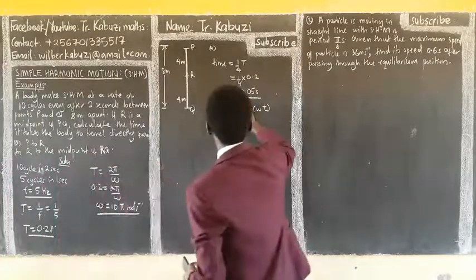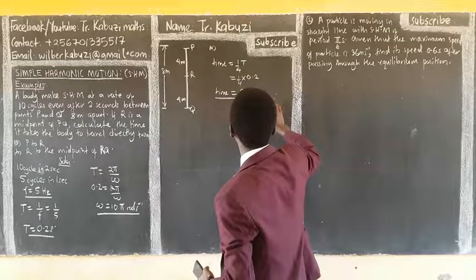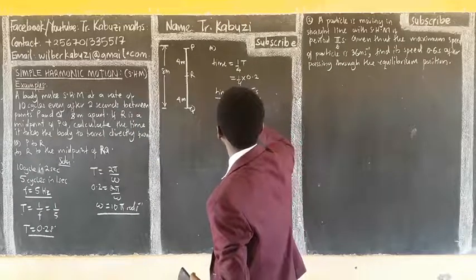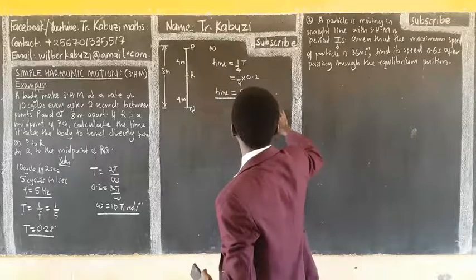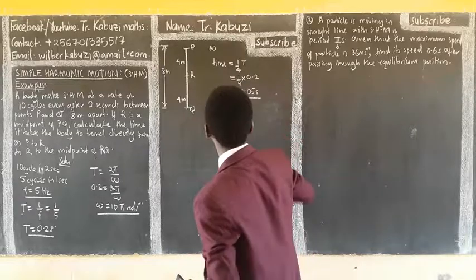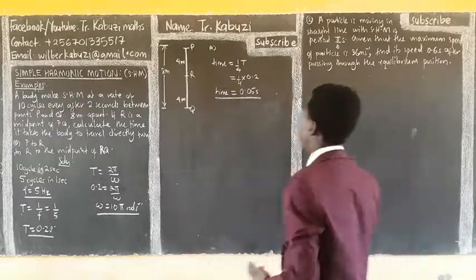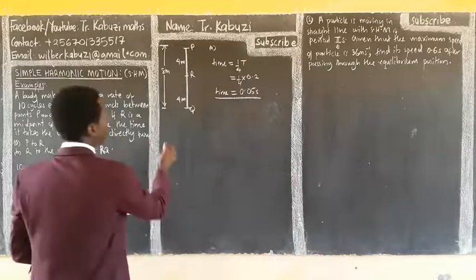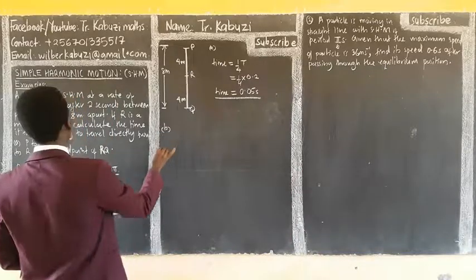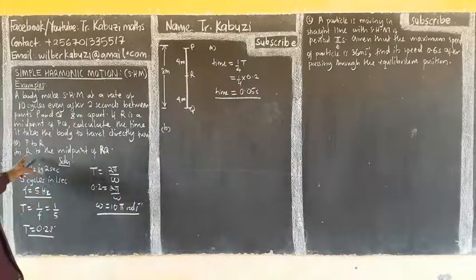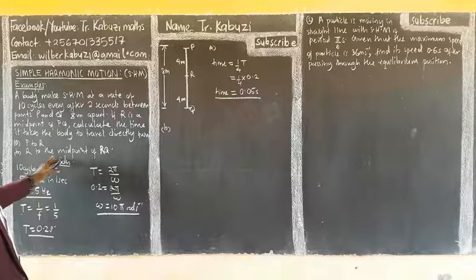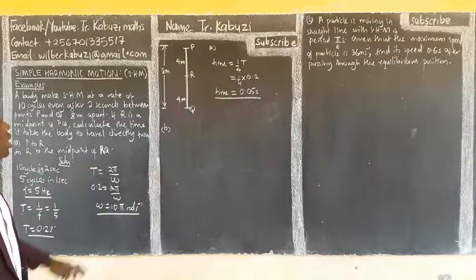Let us go to our part B. Part B says, time taken for R to the midpoint of R cubed.